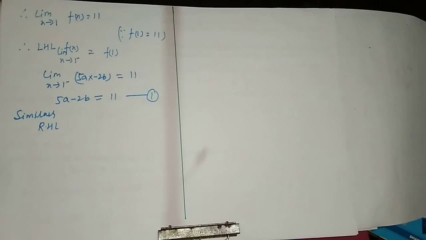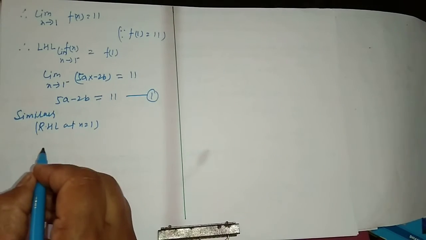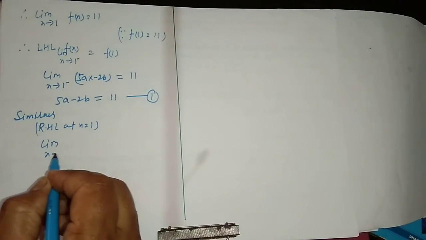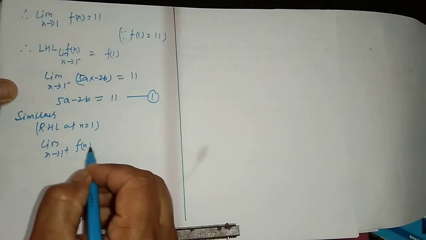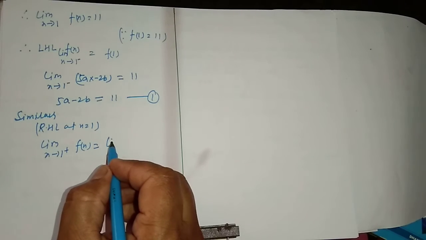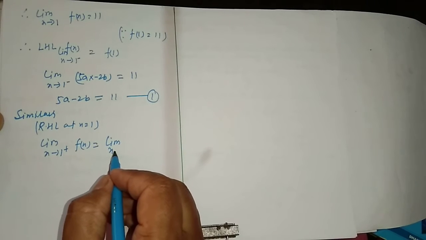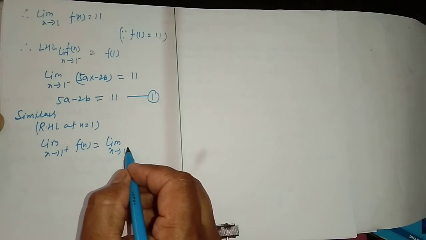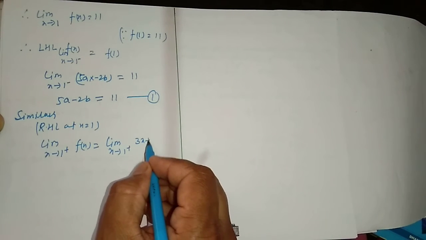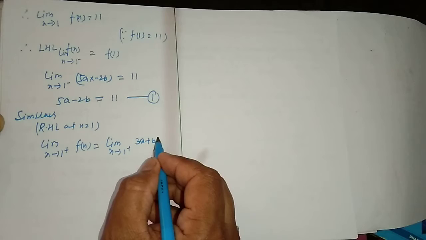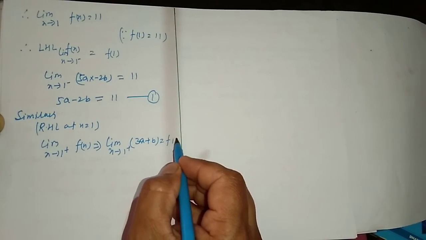Similarly, RHL, right hand limit at x is equal to 1: limit x tends to 1 plus f(x) is equal to limit x tends to 1 plus, and the value is 3ax plus b, and this is equal to f(1).